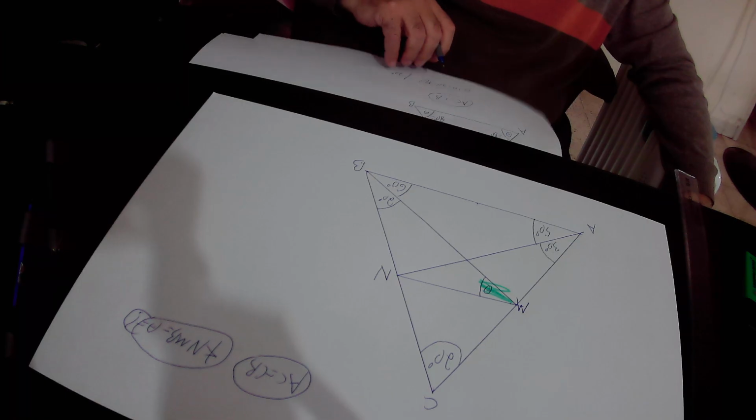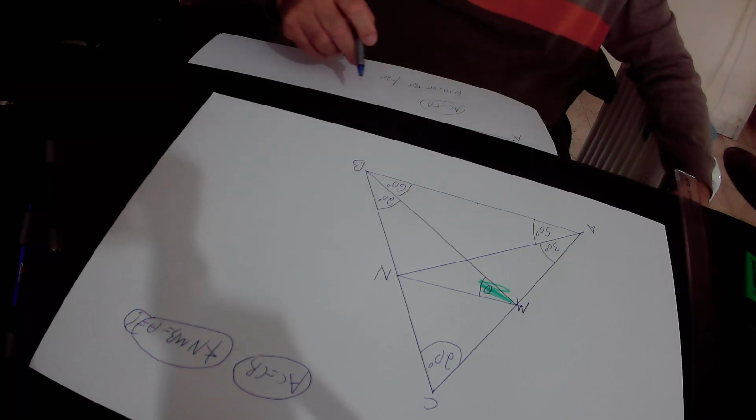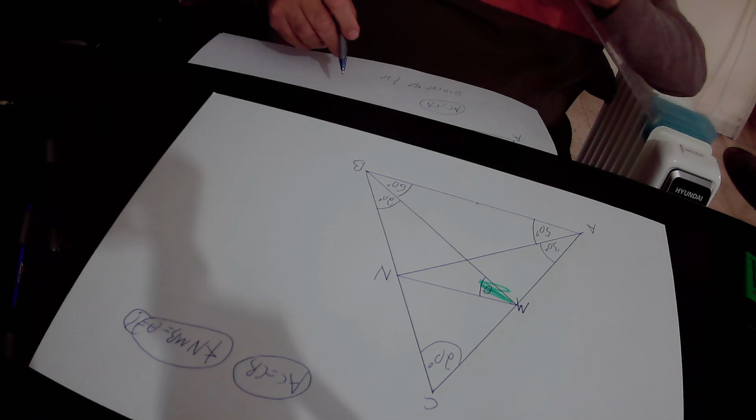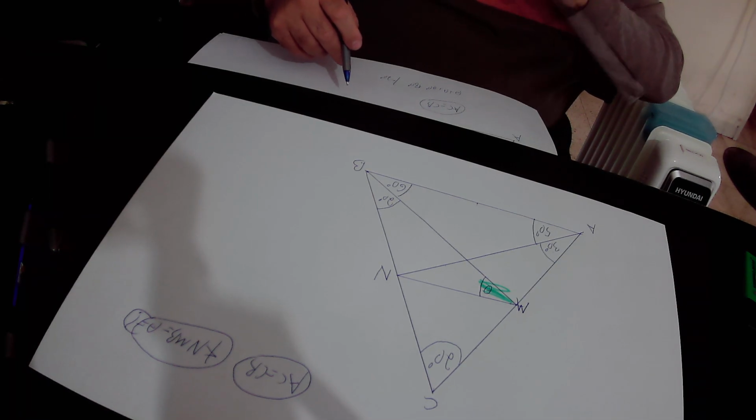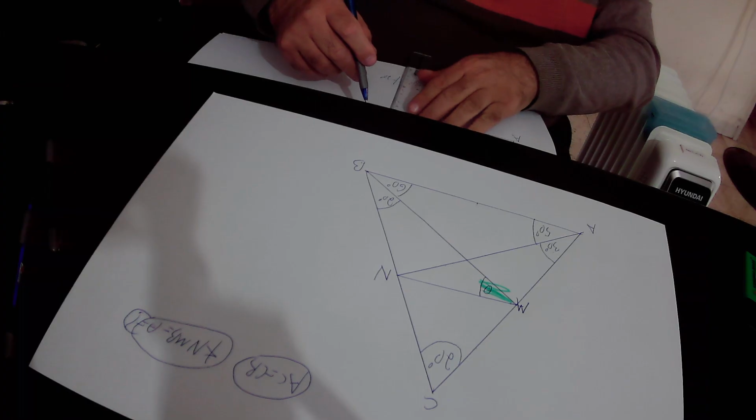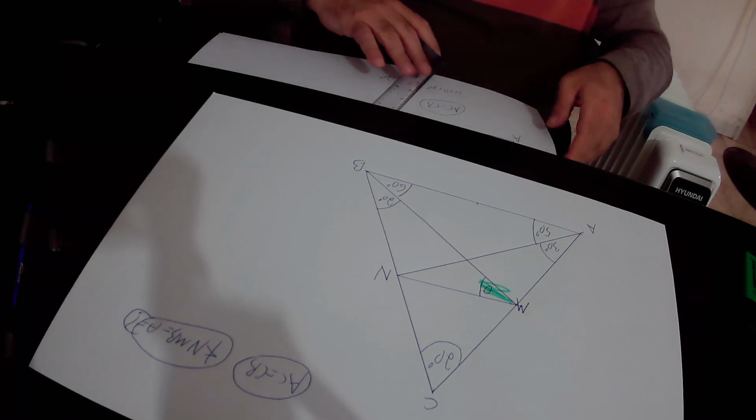Okay, so in the next step we'll focus on triangle AMB. I will copy triangle AMB in a new page and we will analyze this triangle.